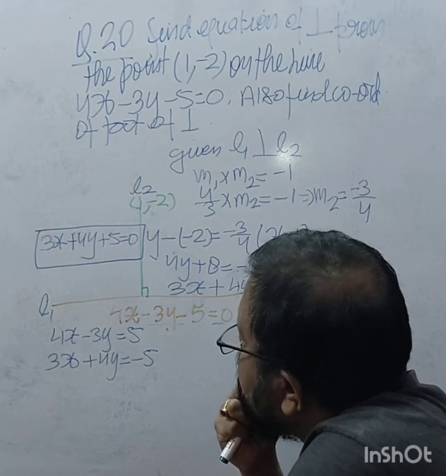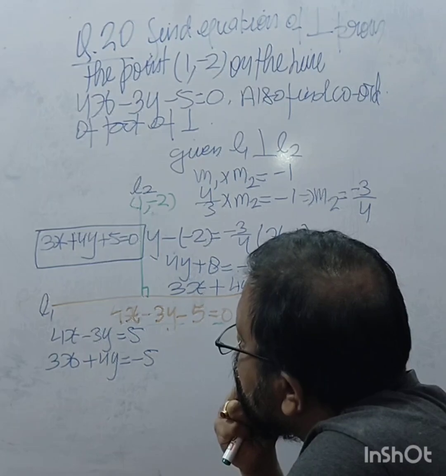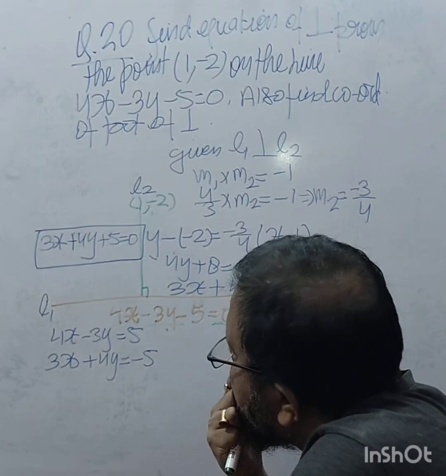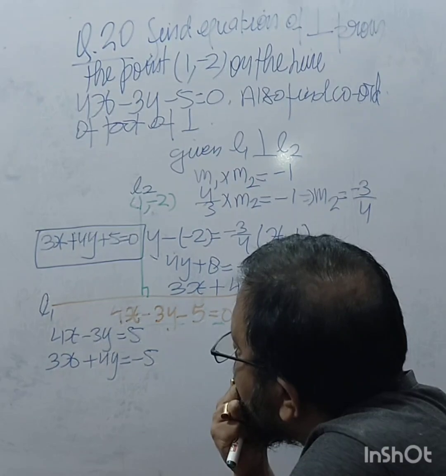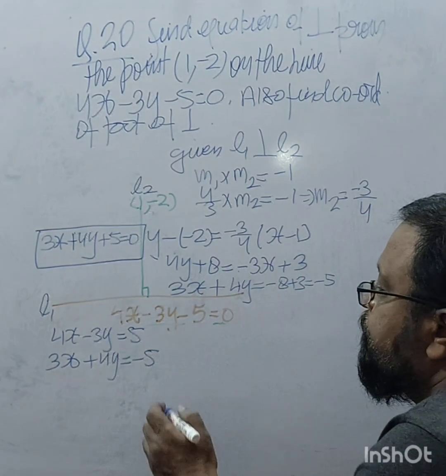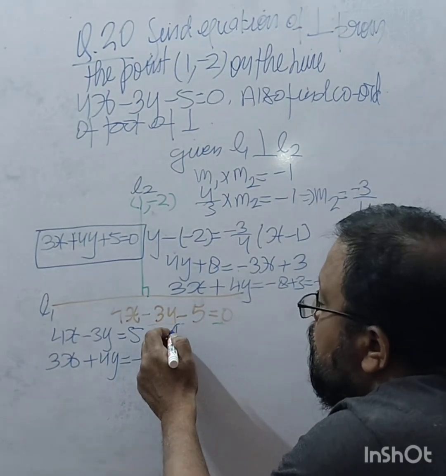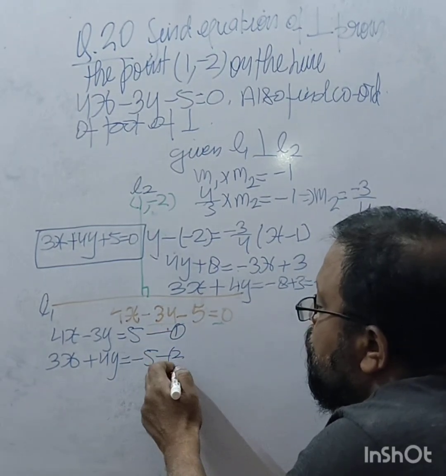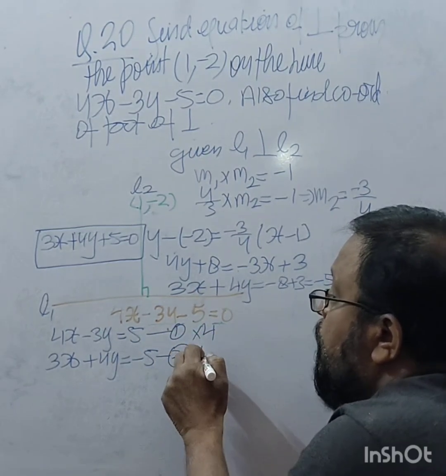What do you do with these equations? Yeah, this is equation number 1, this is equation number 2. We multiplied it by 4 and we multiplied it by 3.